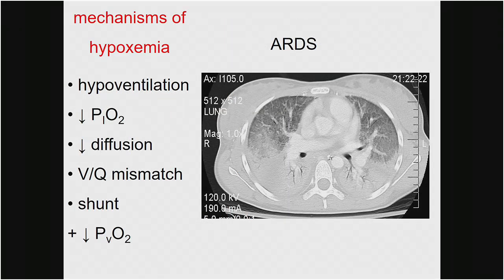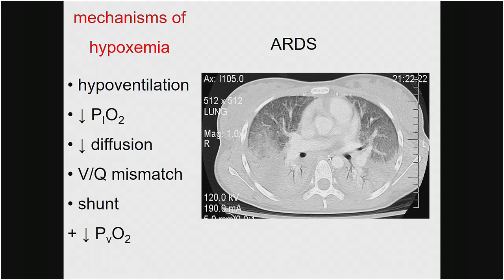There are several mechanisms listed here that cause hypoxemia: hypoventilation, so a reduced amount of air arriving at the alveolar units; decreased pressure of the inspired oxygen; decreased diffusion; VQ mismatch, so mismatch between ventilation and perfusion; shunt; and decreased venous oxygenation.